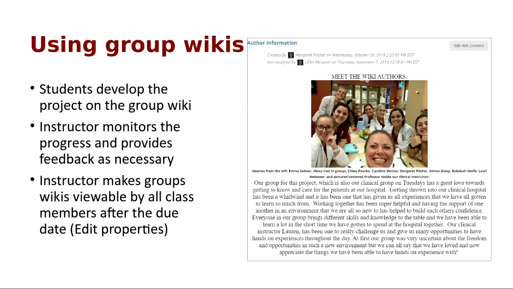So you, as the instructor, can monitor the process and make sure that something is being added to the wiki. If it's 3 weeks prior to the deadline and there's nothing on those group wikis, then that may be a sign of trouble. So you can intervene and send out an announcement or an email to all group members who haven't put anything on the wiki.